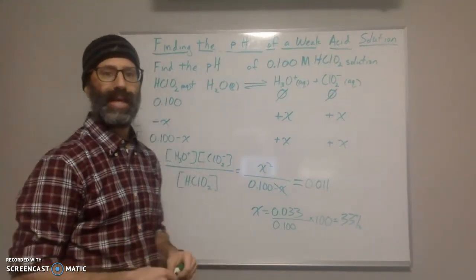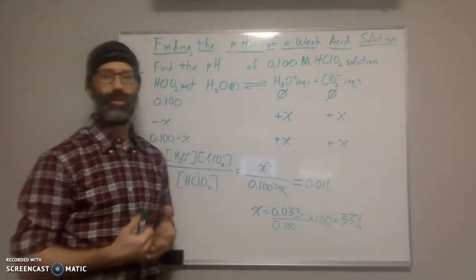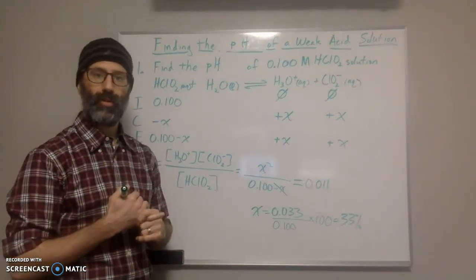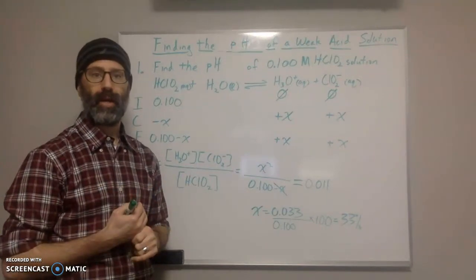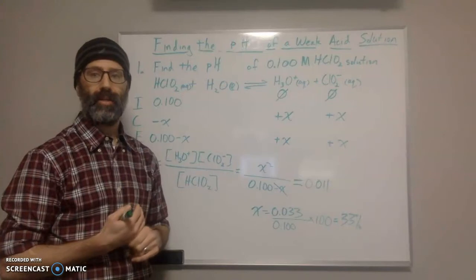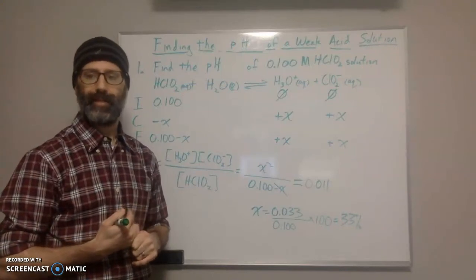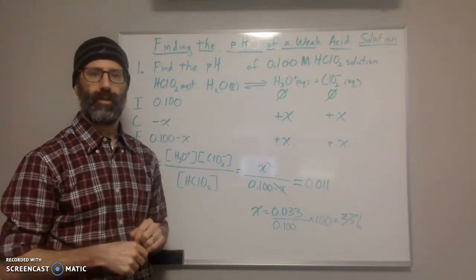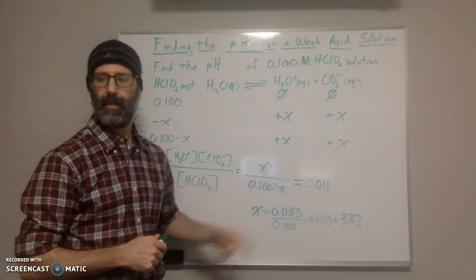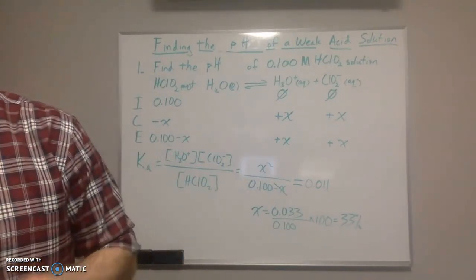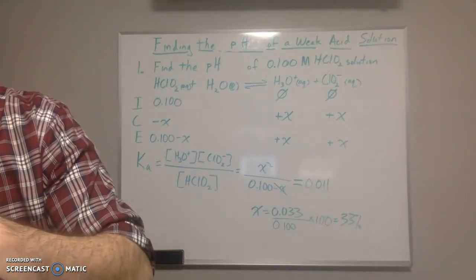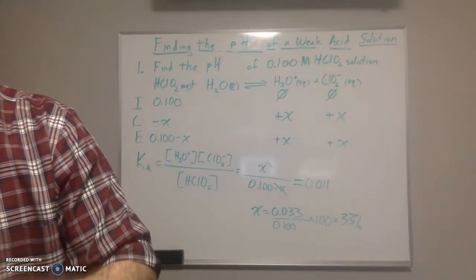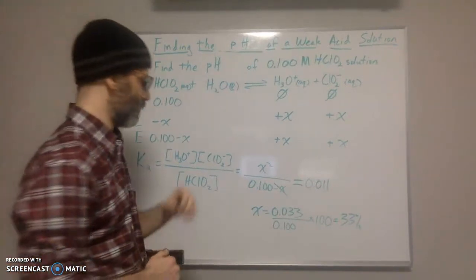So in this case, what you're going to want to do is either solve the quadratic formula, or you might do the method of just plugging it in. I'm blanking on the name. What is it called? Let's see. Successive approximations.